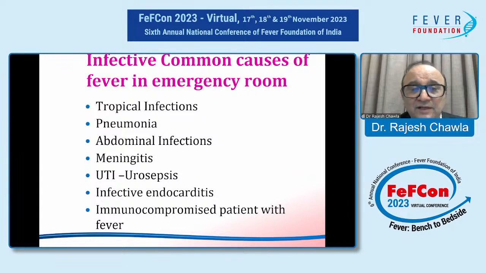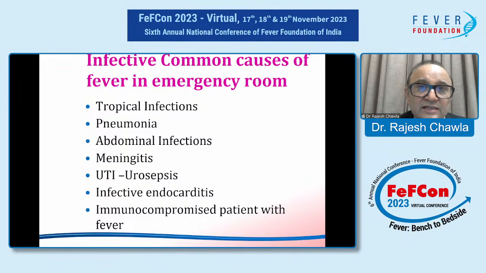Since I now do intensive care, I have seen almost every organ getting involved: liver abscess, cholangitis, pancreatitis, diverticulitis, pyelonephritis, urosepsis, peritonitis, post-operative peritonitis. All these abdominal infections can present with fever in the emergency.